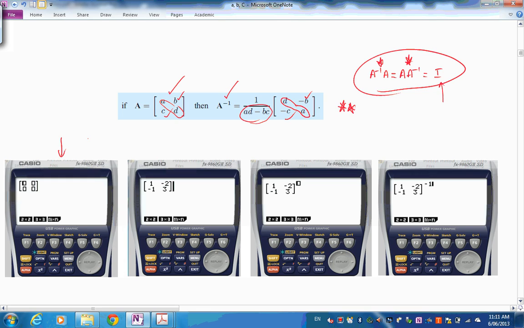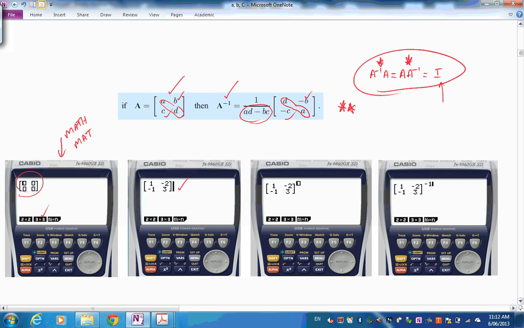Well, I've gone to run mode. I've hit math in run mode, if it's set up as math and not linear. Then I've hit mat, and now I have selected a 2 by 2. I could have done a 3 by 3, but I've selected a 2 by 2.